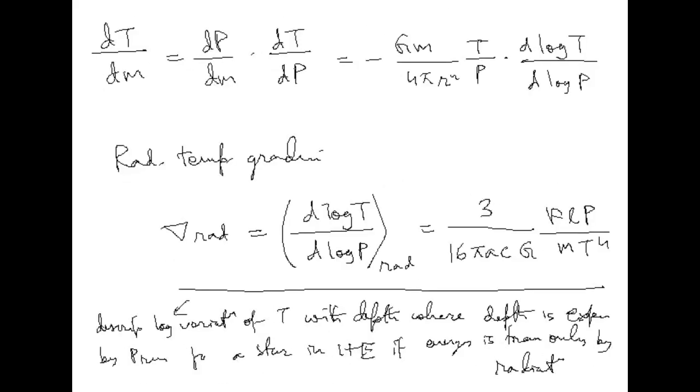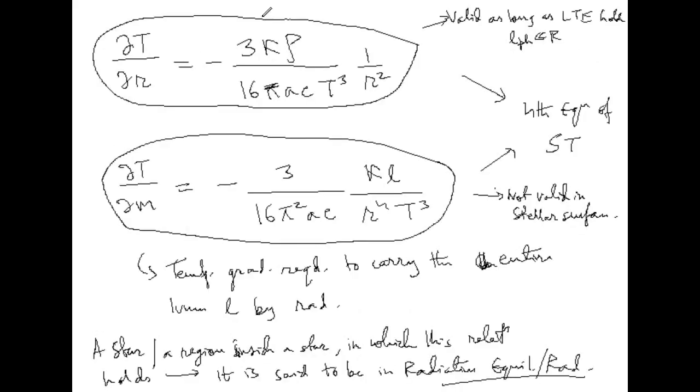Now you see, the radiative diffusion equation that we have just derived is independent of frequency. Why? Because the flux F has been integrated over all frequencies. However, remember, when I introduced the equation of radiative transfer, this kappa still depends on nu.